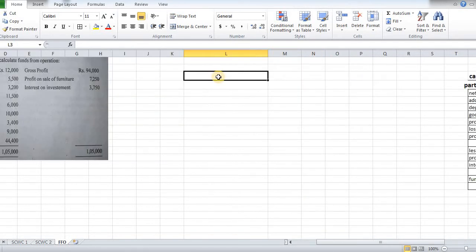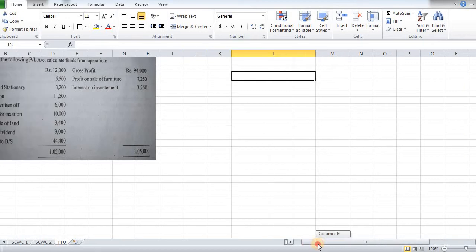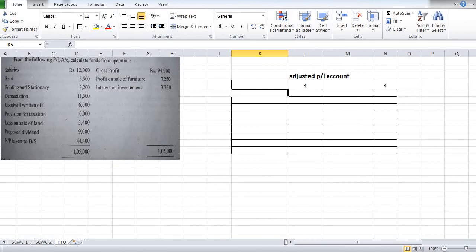The second method to find the funds from operation is the adjusted P&L account method. Here we have to mark the debit and credit items. There should be 4 columns. On the debit side we will write all types of non-fund and non-operating expenses, and also the net profit for the year ending. The first non-fund or non-operating item is depreciation. The value is 11,500.